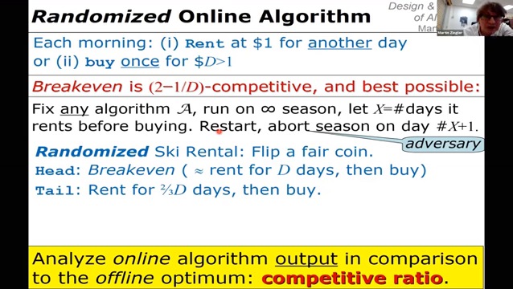So roughly speaking, the break-even algorithm will run for D days, and if the season is still going on, it will make a purchase. Whereas in the second case, when the coin shows up tail, it will already buy on the 2/3 times D day. So it will make a purchase earlier.